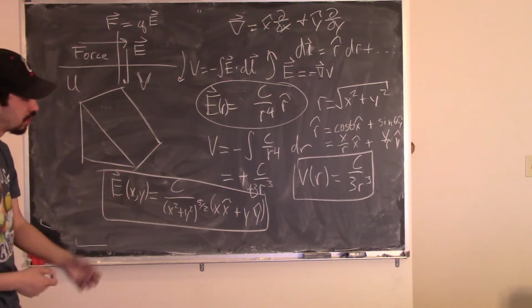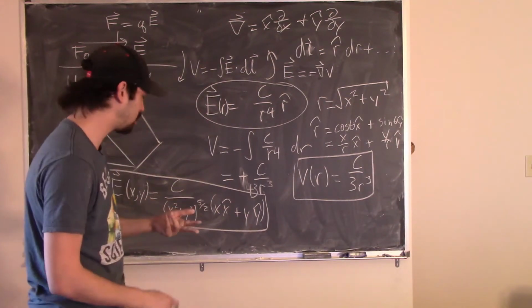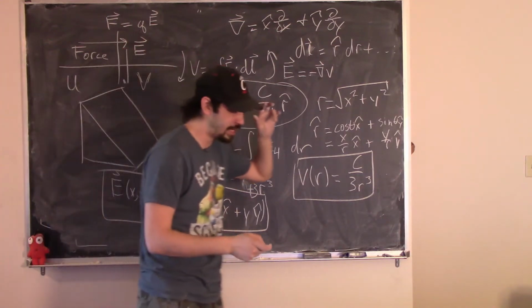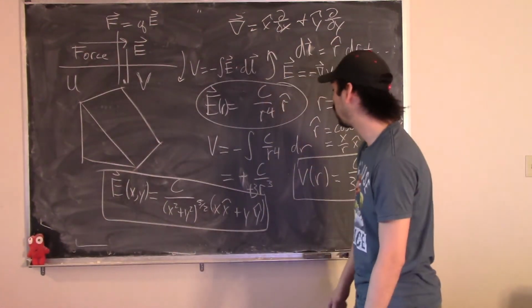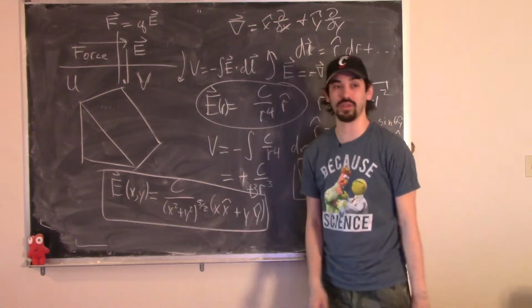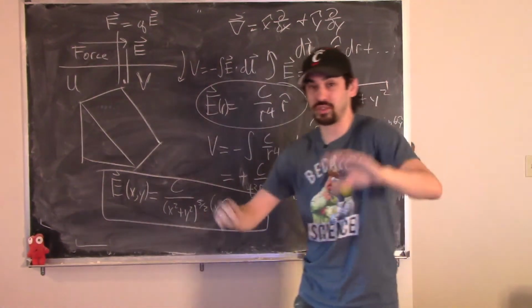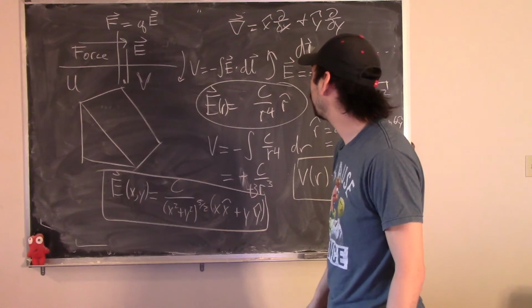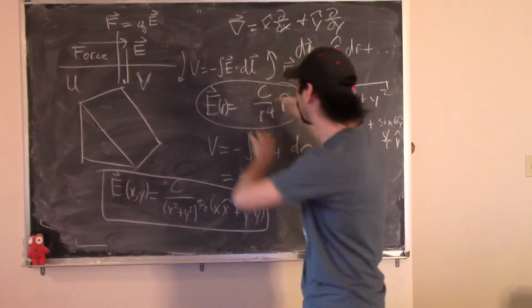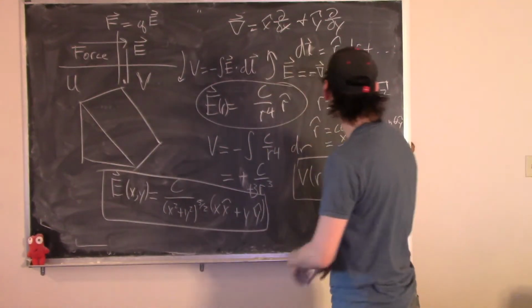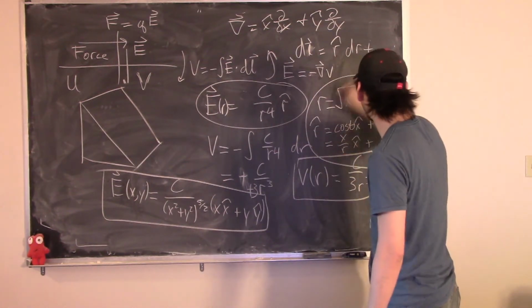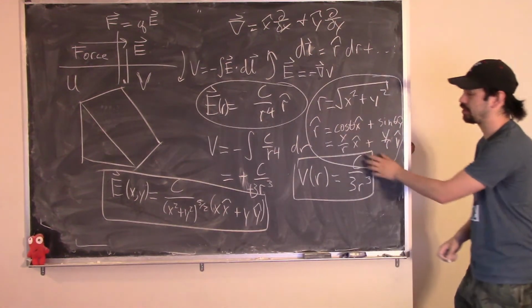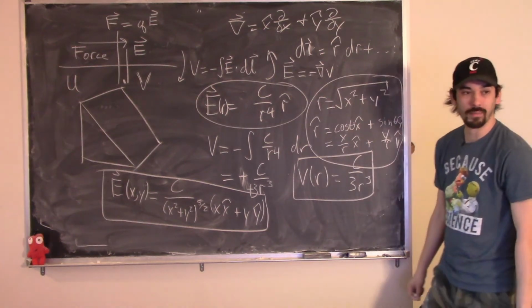Any problem that you can work in polar coordinates, you can work in Cartesian coordinates, you could work in spherical coordinates, cylindrical coordinates, elliptical coordinates, hyperbolic coordinates, whatever coordinate system you want. But there's a way to go between them, and the connection between polar and Cartesian coordinates is just what I have written right here. Okay.